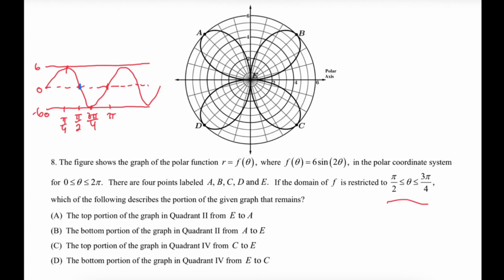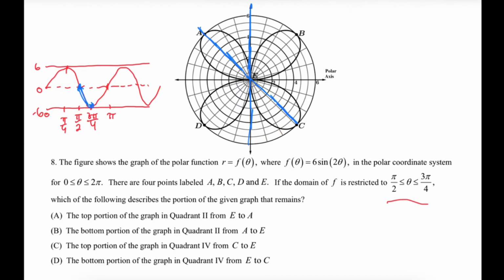So from pi over 2 to 3 pi over 4 is right here. It's a negative. So when we find it on the polar graph, pi over 2 to 3 pi over 4, I remember, is right here. We're gonna have to reflect it now. So here to reflect that. So our portion of the graph should be within the shaded region.